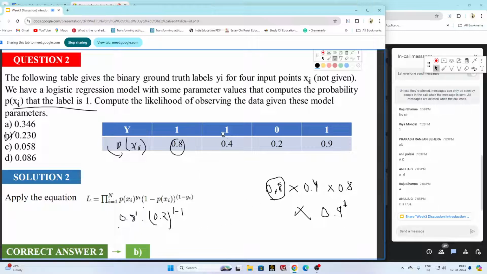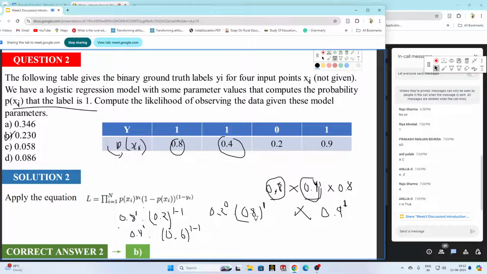Now let's get into the second point. The second point is 0.4, so 0.4 to the power 1 into 0.6 to the power 1 minus 1 is 0, so only 0.4. Now the third is 0.2 to the power 0, that means 1, into 1 minus 0.2, that is 0.8 to the power 1 minus 0, that means 1.